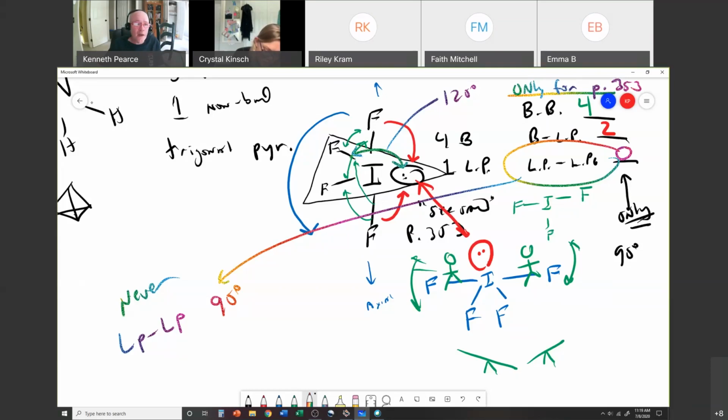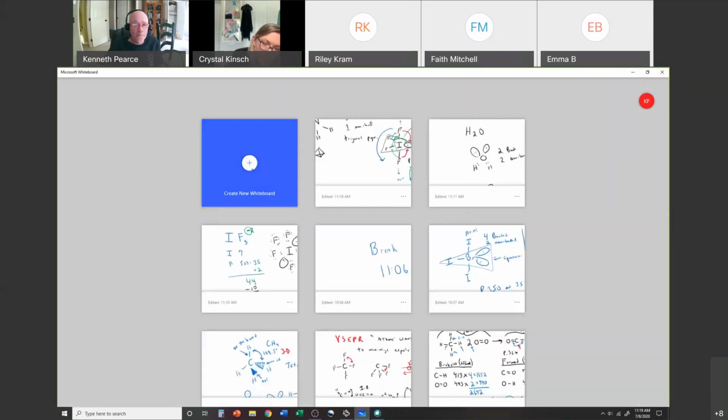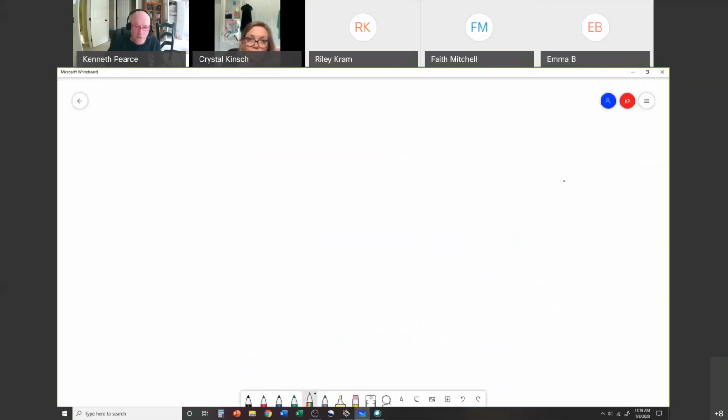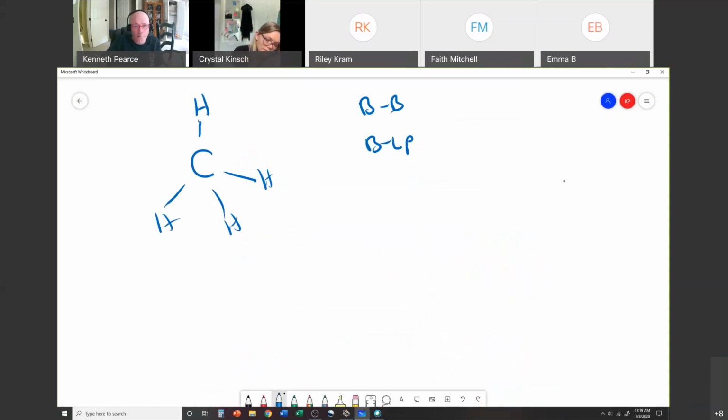And what I mean by that, let me start a new page over here, is if we take anything, even if we take methane, let's take this guy right here, and we say bonded, bonded, bonded lone pair, lone pair, lone pair, right?